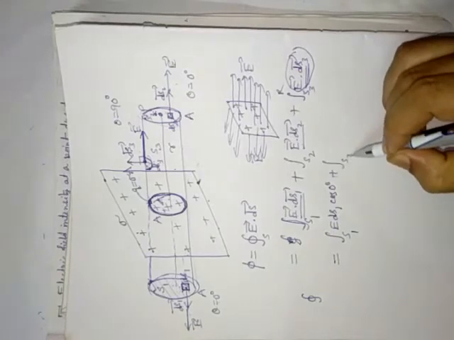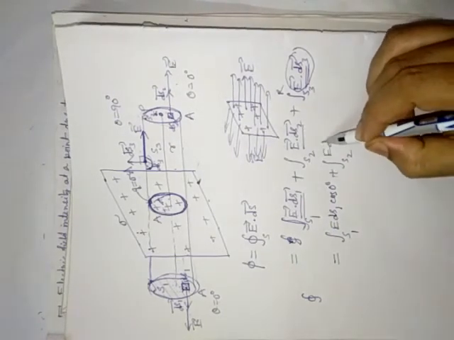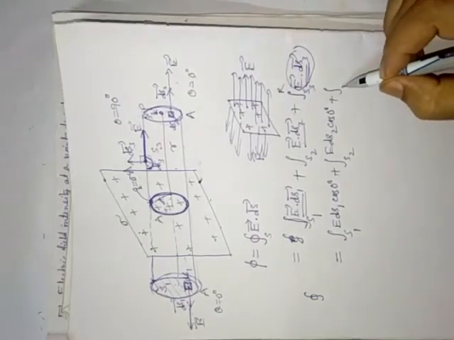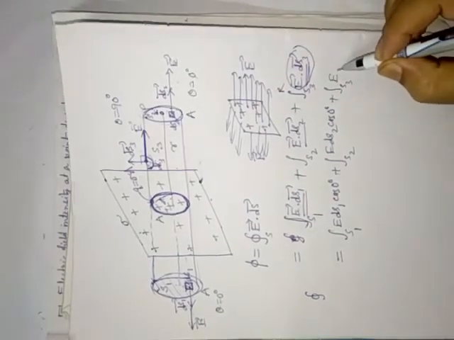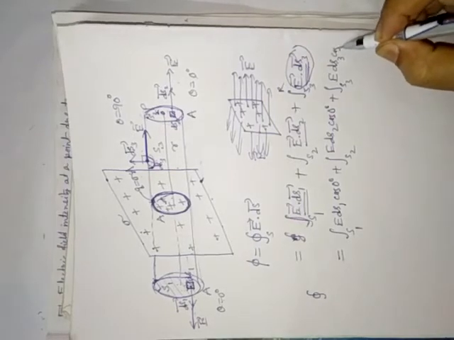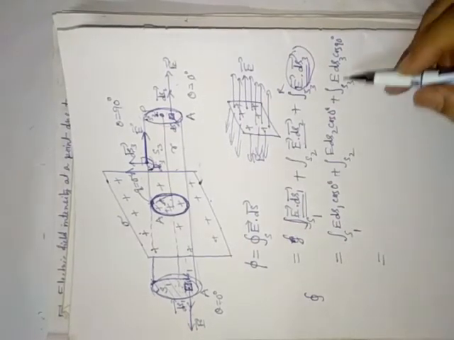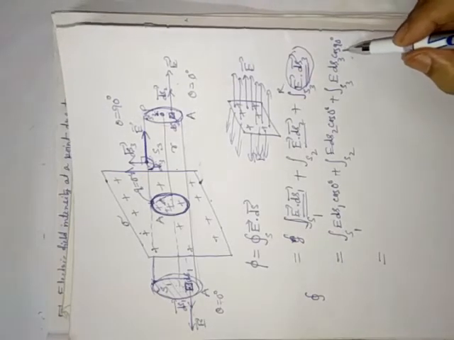Here also E ds2 cos 0 degree, and here integral over S3 of E ds3 cos 90 degree. Now cos 90 degree means 0.